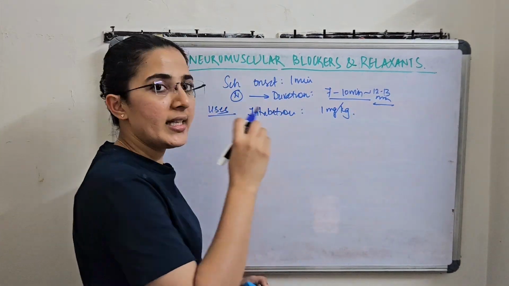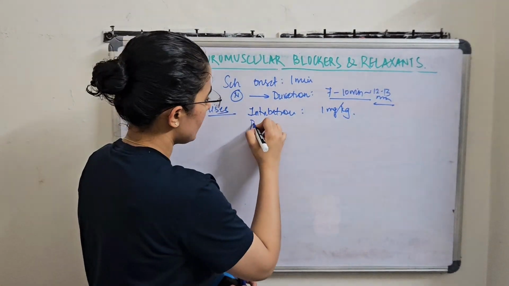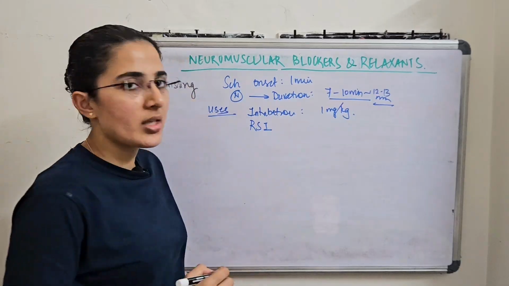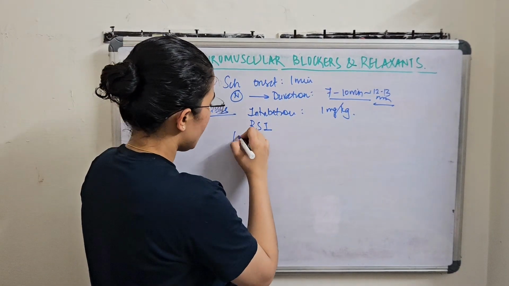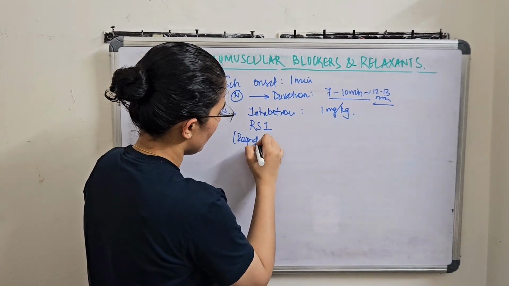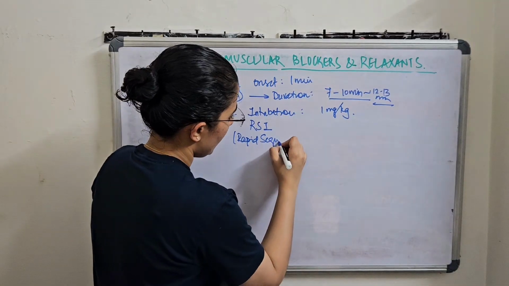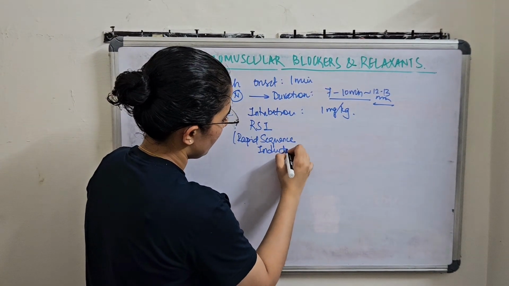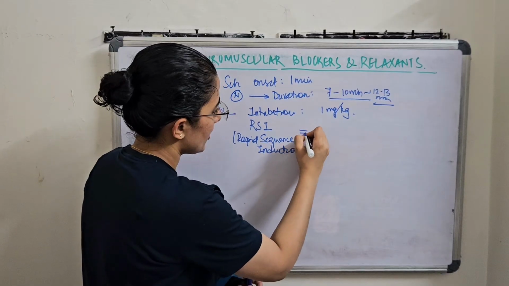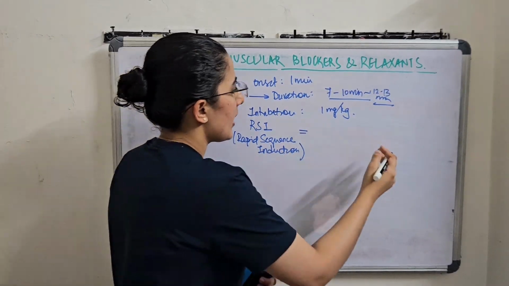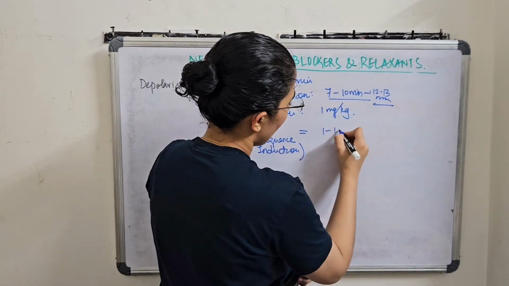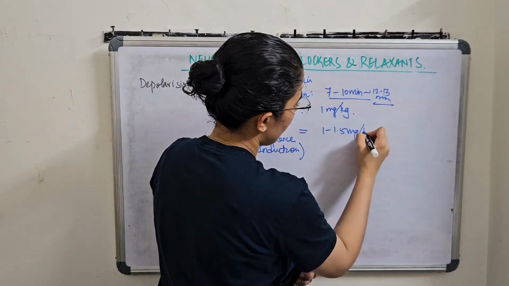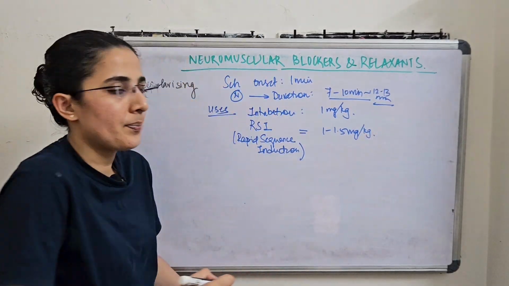It is of great importance in rapid sequence induction, which is done in patients with a full stomach or patients considered to have a full stomach. We may require a slightly higher dose, 1 to 1.5 milligram per kg body weight of succinylcholine.